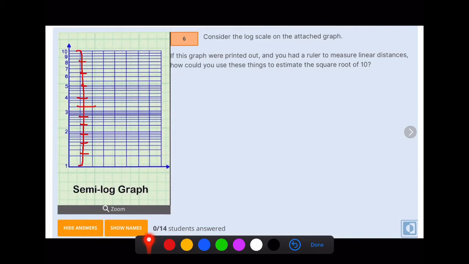And I think if you stick to the definition, if you stick to the one key fact, and you think it through, you'll be able to work this out. And that will also help you work out the other question, if we extended the log scale to the next rank.